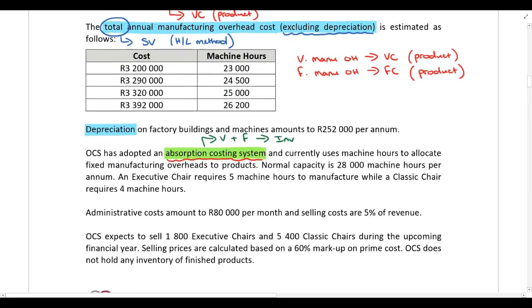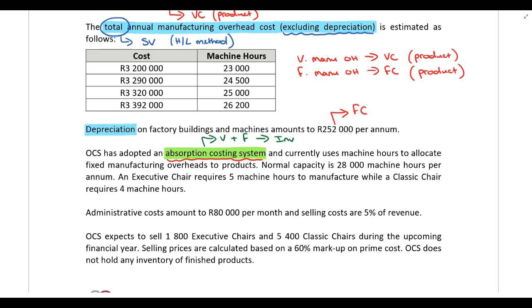Then we didn't do this for depreciation, so let's also just do this for the depreciation expense. This is going to be a fixed cost. The cost is 252,000 per annum, regardless of the number of units that are manufactured. So we are dealing with a fixed cost over there. And now just be careful, guys, because depreciation can either be a product cost or a period cost.